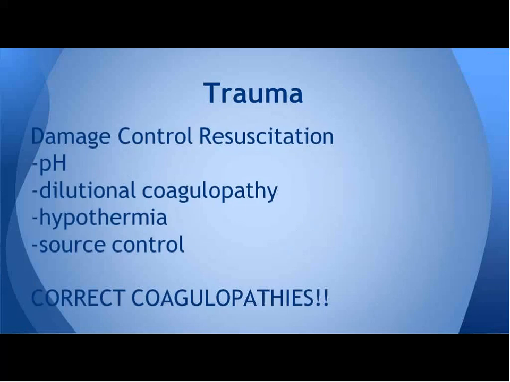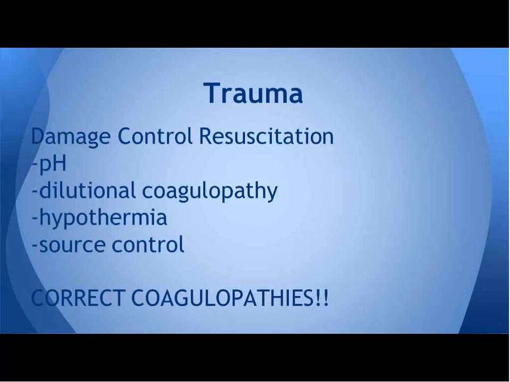So damage control resuscitation, if you're not familiar with it, maintaining the pH. Patients who have severe trauma end up with severe acidosis, which adds to the coagulopathy, which increases bleeding. They get a dilutional coagulopathy because we go crazy, particularly with our fluid resuscitation, and we forget we should actually give blood. And we should give FFP and cryoprecipitate. Maintaining or avoiding hypothermia, and again, if it's a bleeding patient, you don't want to make them hypothermic.